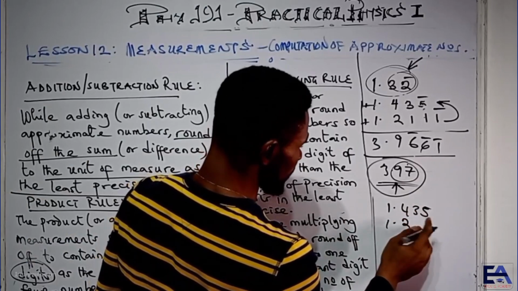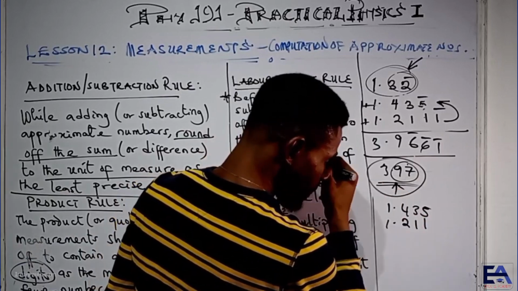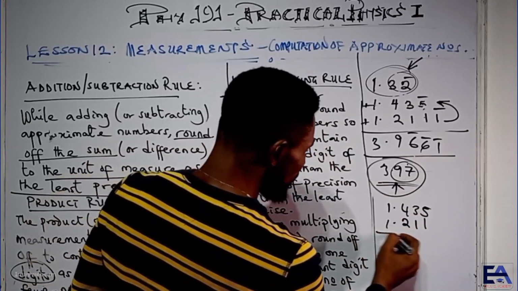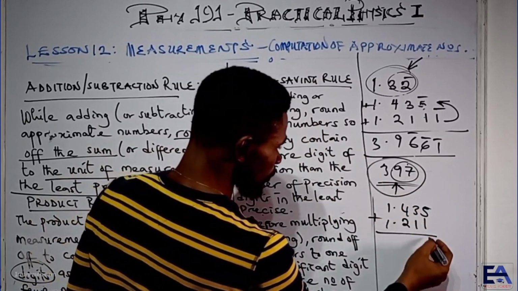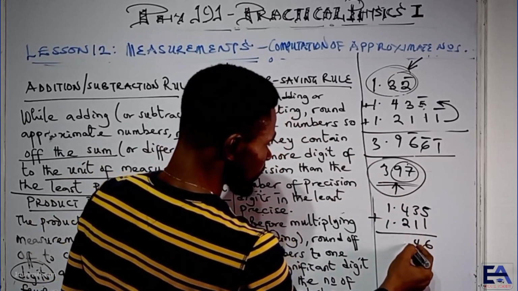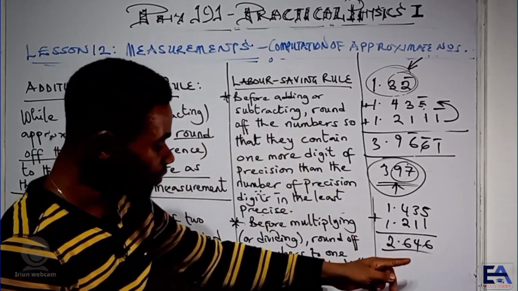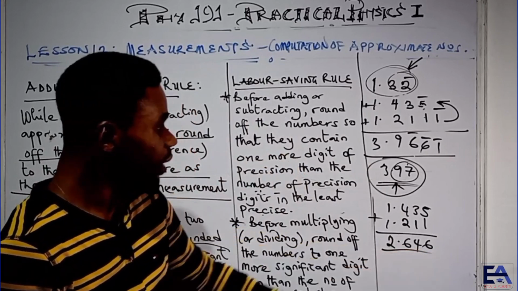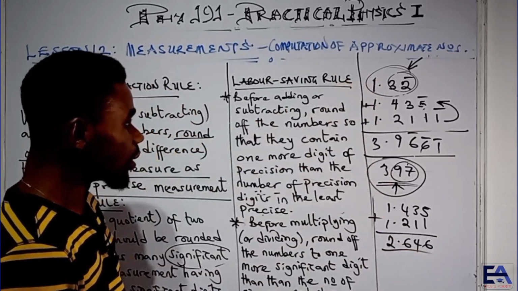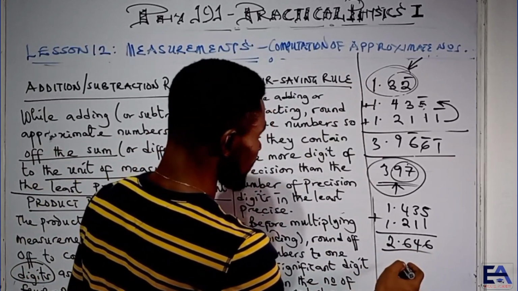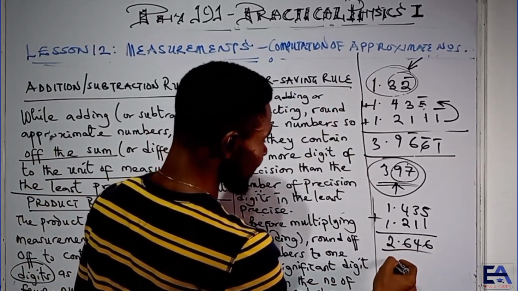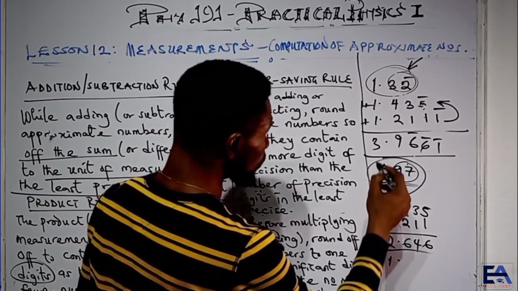So we have 1.211. So you first add these 2. Adding these 2, we have 6, 4. This is 6.2. Now, after you are done adding this one, you now finally add it to the last one. So when you want to do the last one too, you check it out. The last one does not have up to 3.